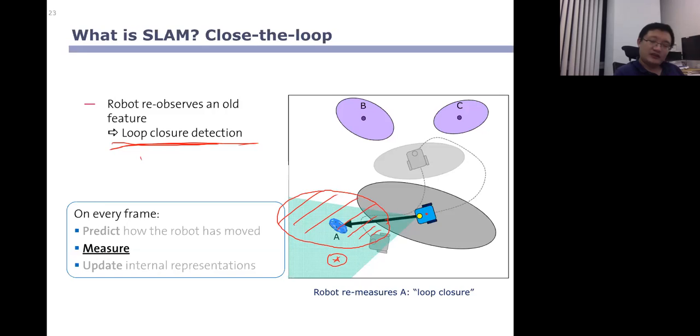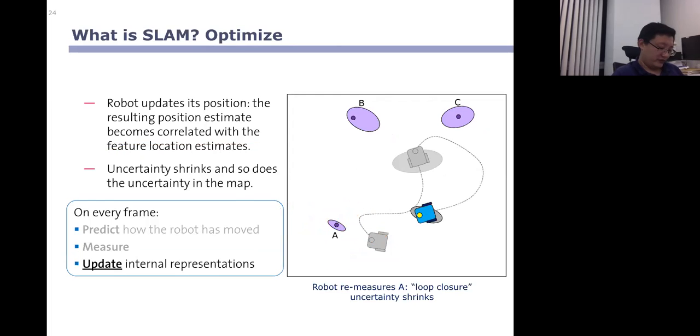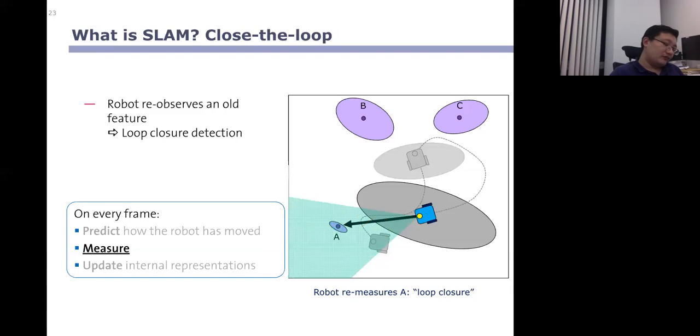So the red one multiplied with the blue one, pixel-wise multiplication, we will have a smaller variance in A. So you get more certain about the position of A. Meanwhile, you will get a better estimation on the road poles.